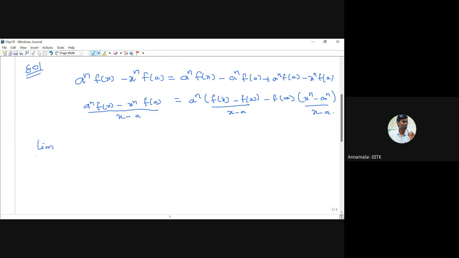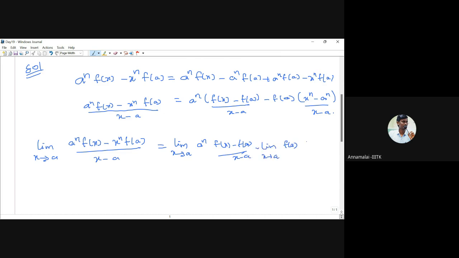So the limit as x goes to a of (a^n f(x) - x^n f(a)) / (x - a) is equal to the limit of a^n (f(x) - f(a)) / (x - a) minus the limit of f(a) (x^n - a^n) / (x - a).